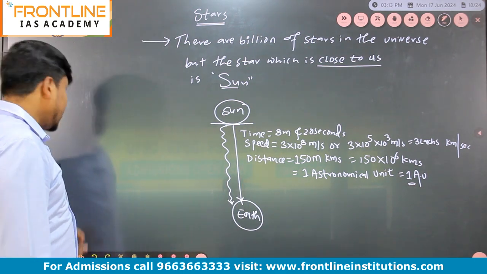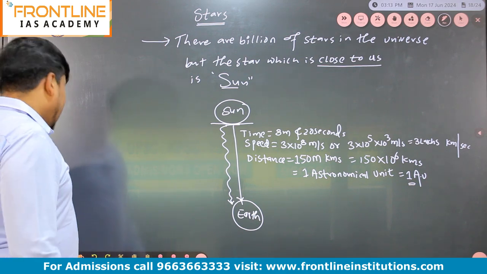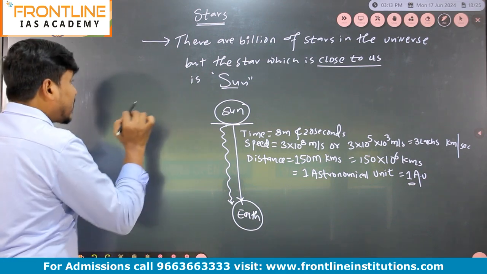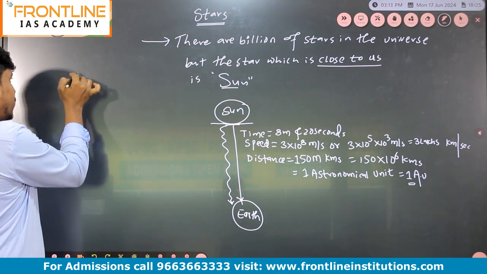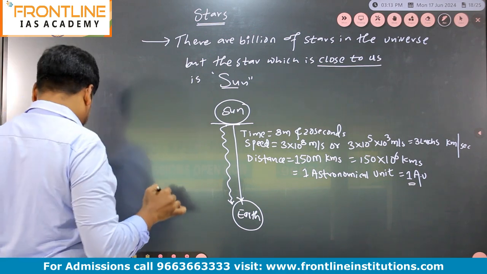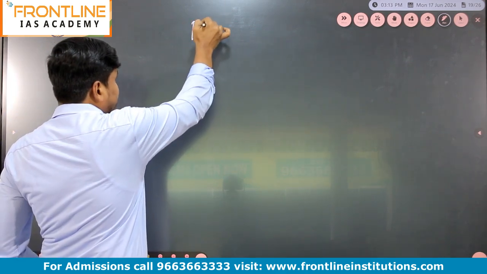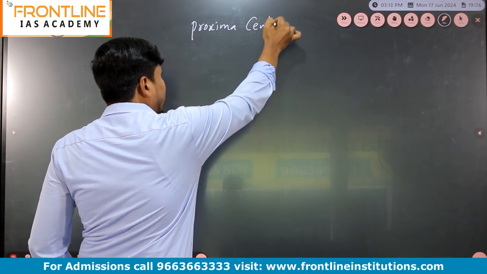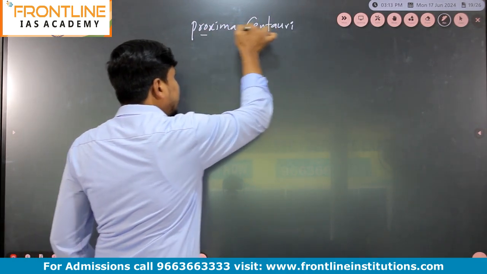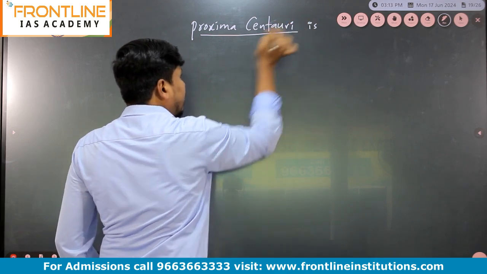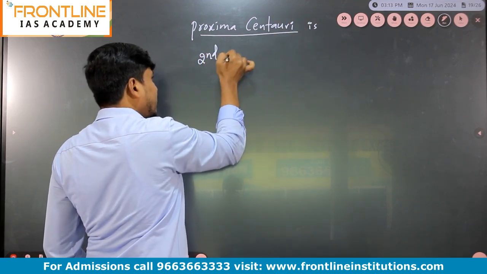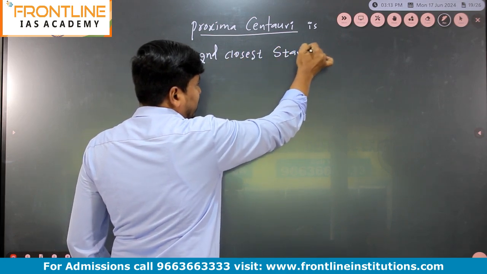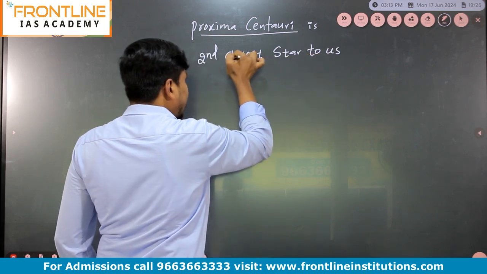Next, one more important point, just listen. The sun is the closest star to us, and the second closest star to us is Proxima Centauri. Proxima Centauri is the second closest star to us.